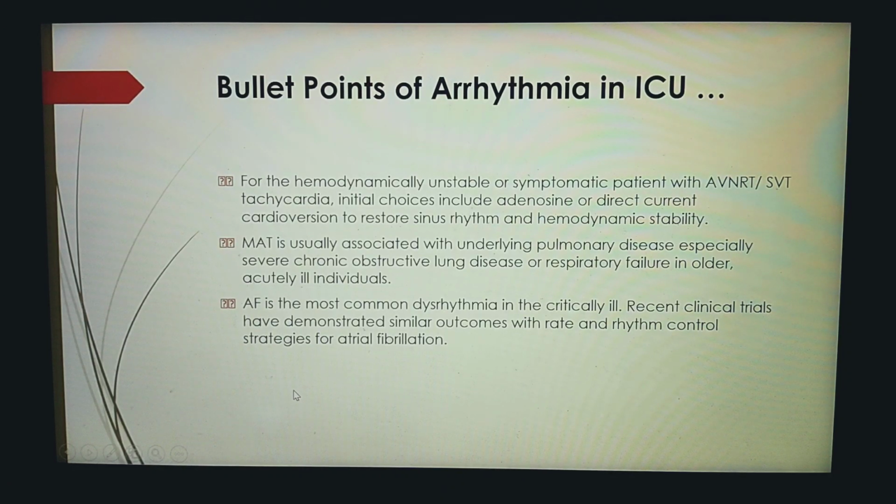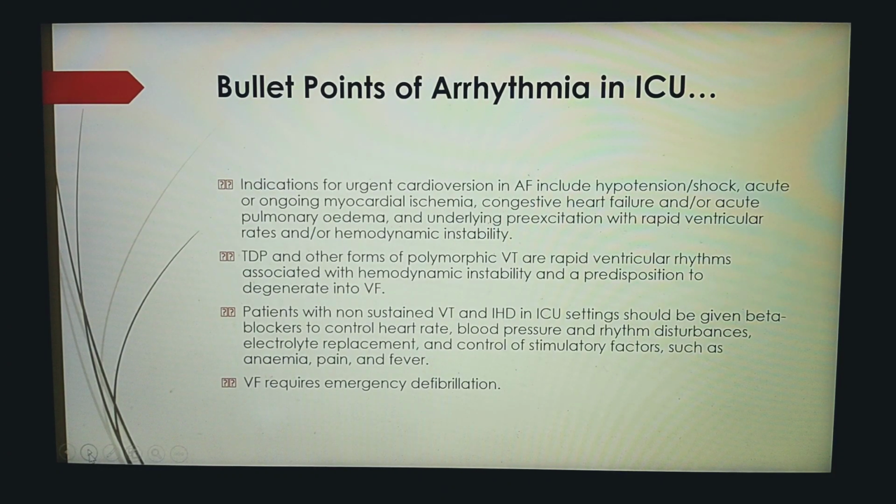If it is within 48 hours, we can give DC cardioversion. Indication of urgent cardioversion in AF is hypotension or shock. And in case of all arrhythmia, if it comes with shock, then the therapy of choice is DC cardioversion.